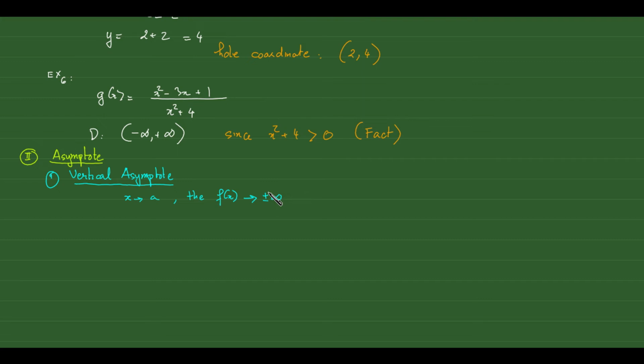Literally, vertical asymptote is where the function is undefined. So it's located where the rational function is undefined.